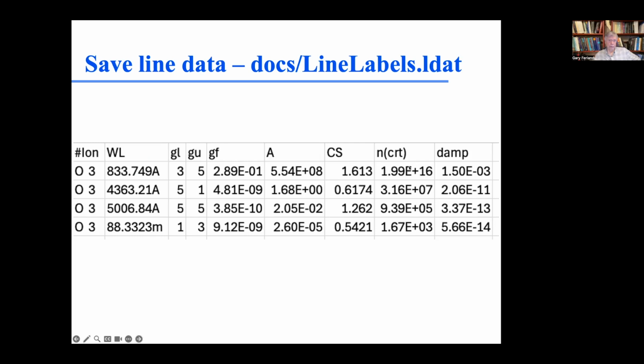There's a lot of numbers entered here, but the first interesting thing is the Einstein A, in seconds to the minus one. You can see there's a spectacular range of A's. The first line, the 8084 line, is what's called a permitted line. In quantum mechanics, this is an electric dipole allowed transition, kind of like Lyman alpha of hydrogen, so it's really fast. The remaining three lines are forbidden lines. Interesting word. We're looking at them, but they're forbidden somehow.